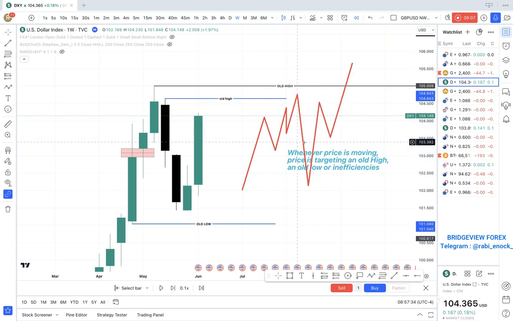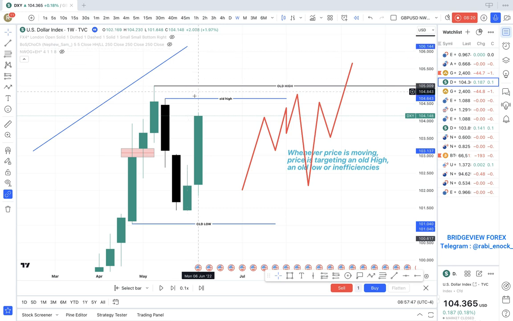There has to be work done around this side. This is bullish, this is bearish, this is bullish, this is bearish. Price doesn't move in a linear range, else everybody would be rich. Price has to be moving up and down.